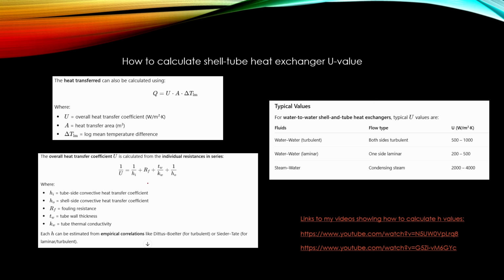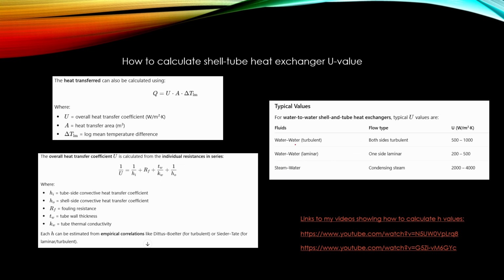And here is a function from which we can calculate it. It has the pipe inside convective heat transfer coefficient, the pipe outside convective heat transfer coefficient, and conduction through the wall material. And if we have fouling deposition formation, then we can add this fouling resistance.